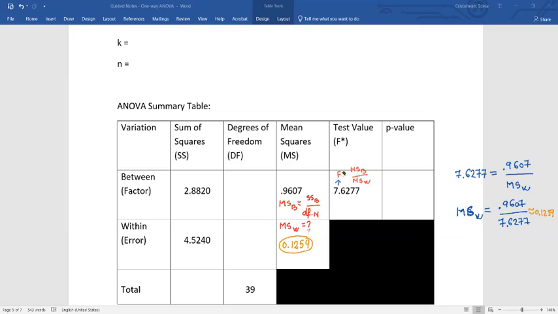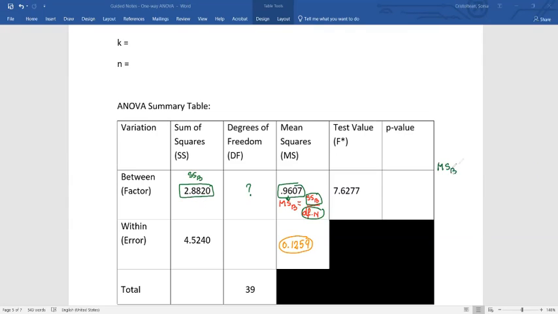I already found it. And I'll be left only with this formula, and I'll be using a different color to find this value right here. So I'll be plugging in this number for MSB, and I'll be plugging in this number for SSB, because this number is actually SSB. Let's do the work on the side. So I have MSB equals SSB divided by degrees of freedom of the numerator.